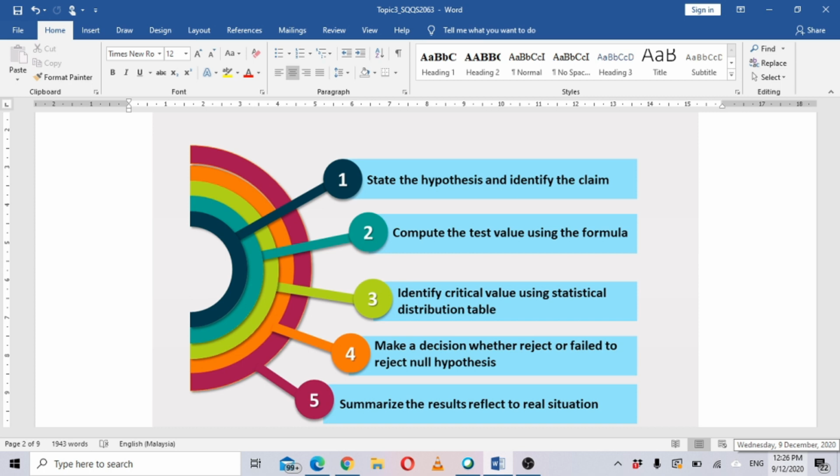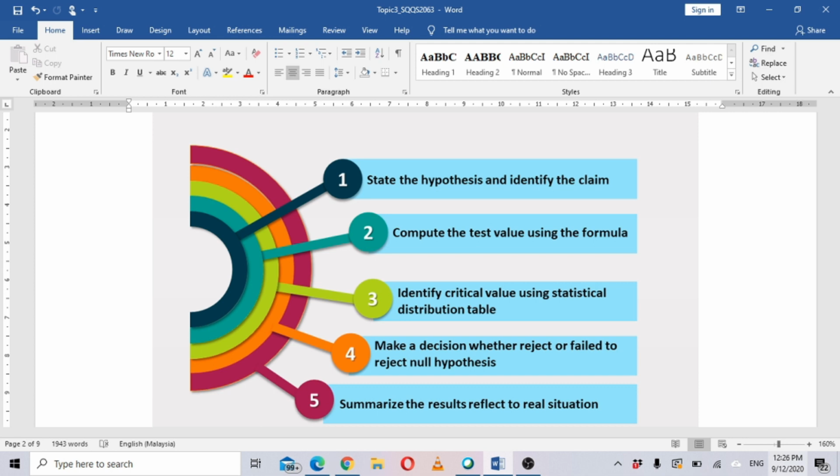Commonly, there are 5 steps in conducting hypothesis testing. The first step is a very critical step, which is to state the hypothesis and identify the claim. Second step, compute the test value using the formula. The third step, we must identify the critical value by using a statistical distribution table. After that, we can make a decision, either reject or fail to reject the null hypothesis.